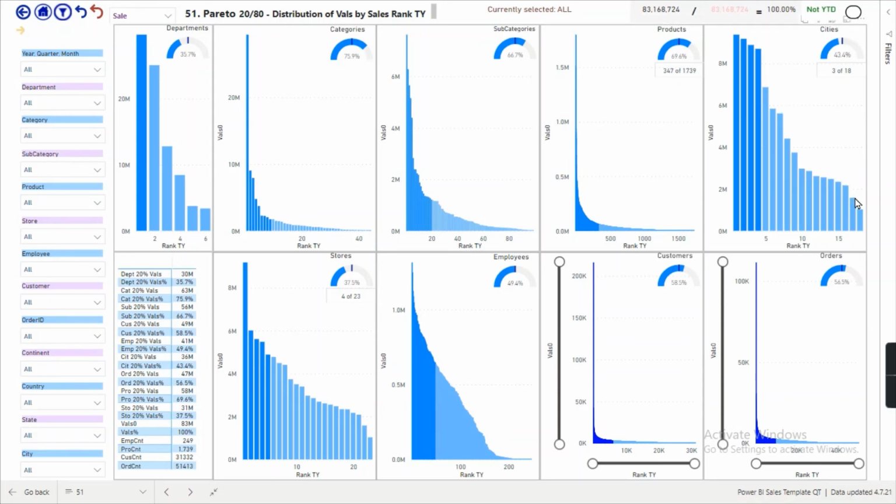Cities is linear, no need to cut. Stores the same, linear, and employees are the sellers. It starts linear, but then goes to a hyperbolic long tail. There are a lot of sellers, employees, that are selling nearly nothing.